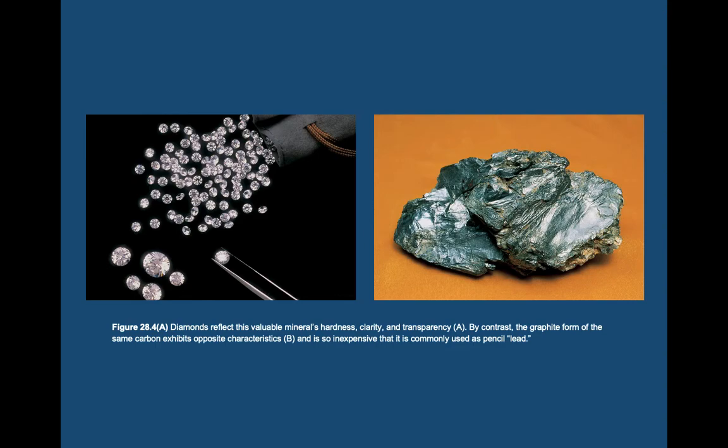And this kind of goes back to the idea of quartz and amethyst being the same on the inside, but different. But this is an example of same on the inside, but radically different. Both diamonds and graphite are just carbon.